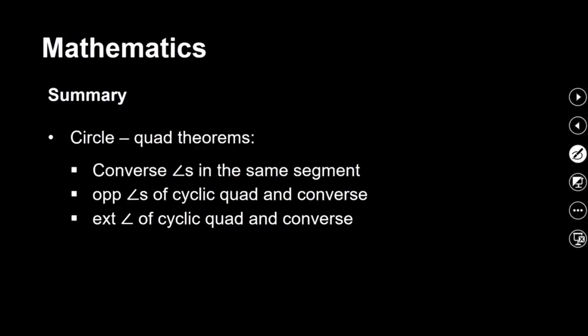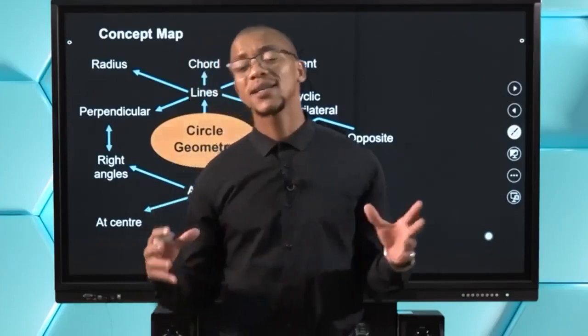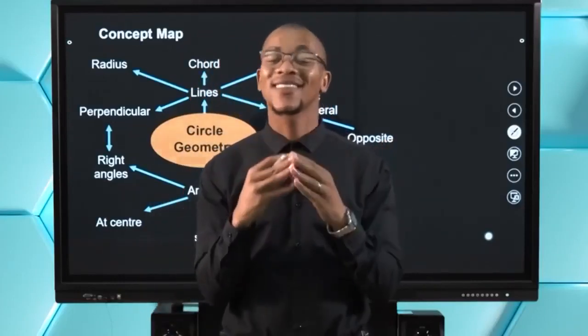So far we've looked at circle quad theorems where a converse angle is in the same segment, right? That's what we're talking about in terms of a cyclic quad. We also know that opposite angles of a cyclic quad and also its converse. The last one is exterior angles of a cyclic quad and its converse. And so far, that's our concept map. So guys, that's what we had for this lesson.